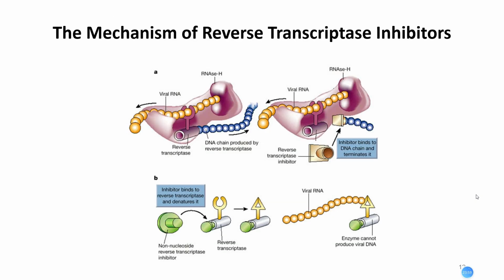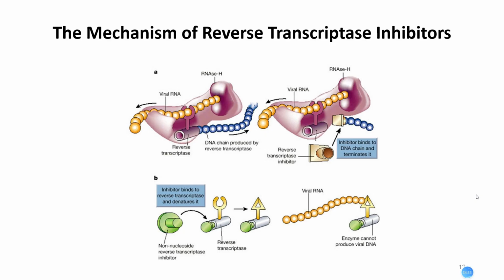Another type of inhibitor is a reverse transcriptase inhibitor. It's also at this step, we inhibit the activity of the reverse transcriptase. So no more DNA is made. You can design different types of inhibitors, such as this one. This inhibitor binds to the DNA molecule, which can block the reverse transcription.